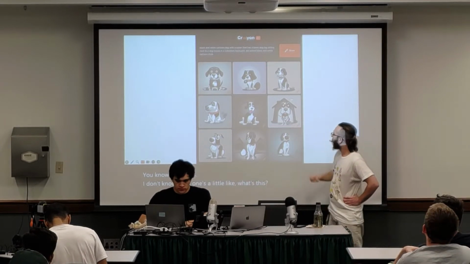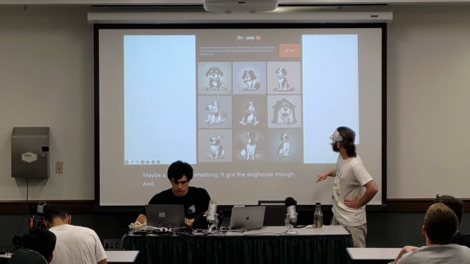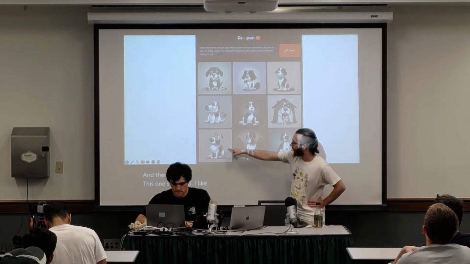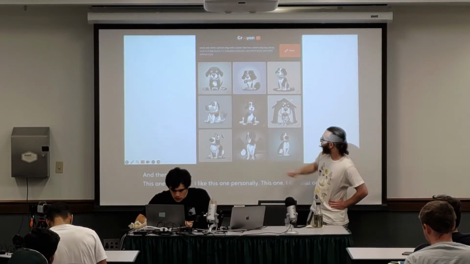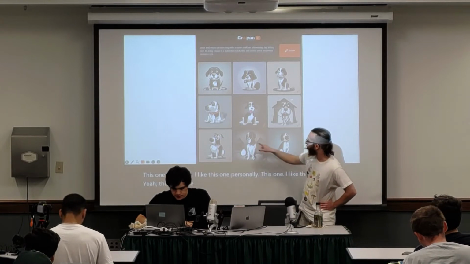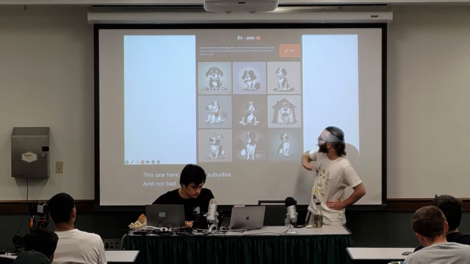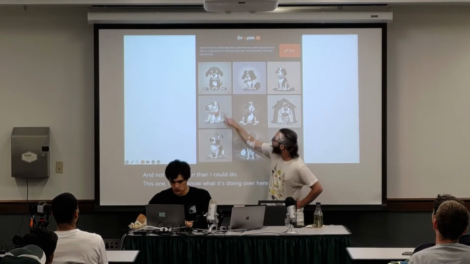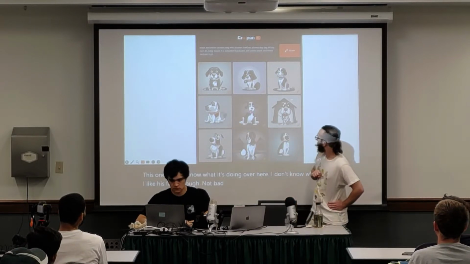Maybe a leash or something? It got the doghouse though. And then this one's not bad. I like this one personally. This one here, it got the suburbia, and not bad, better than I could do. This one, I don't know what it's doing over here. I like its face though, not bad, right?